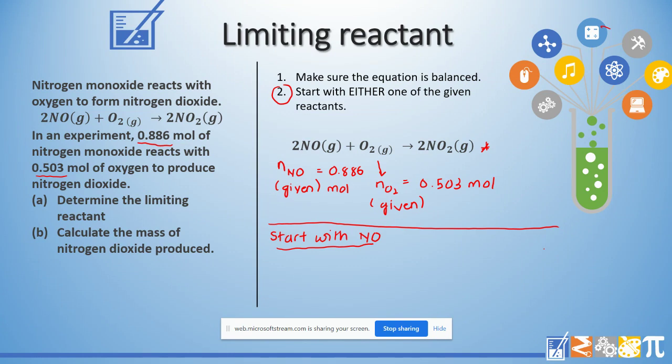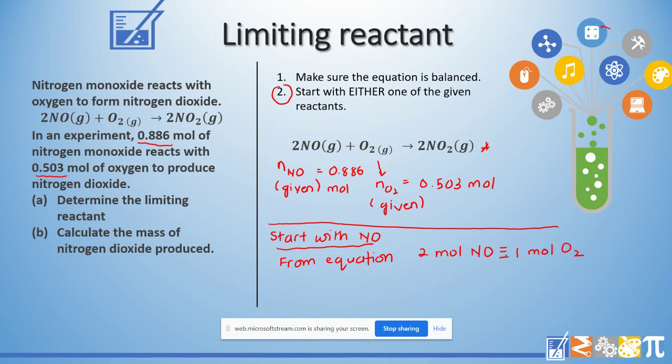Now, from the equation, 2 moles of nitrogen monoxide, NO, reacts with or needs 1 mole of oxygen.